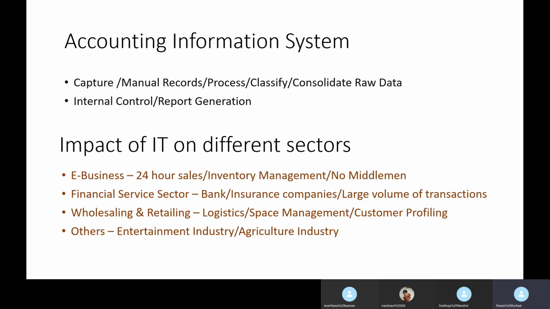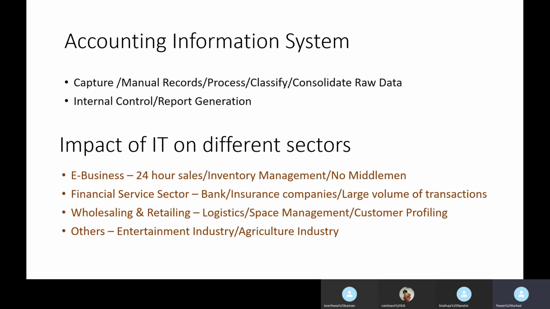You are supposed to mention what wholesaling is, what retailing is, and how it has changed because of IT. Now the wholesaler can produce as he wants. He knows the demand as per the retailers, and he can produce as per that, or he can demand as per that from the producers. So he is doing space management, logistics and customer profiling.